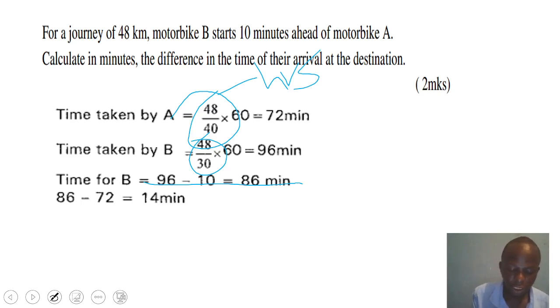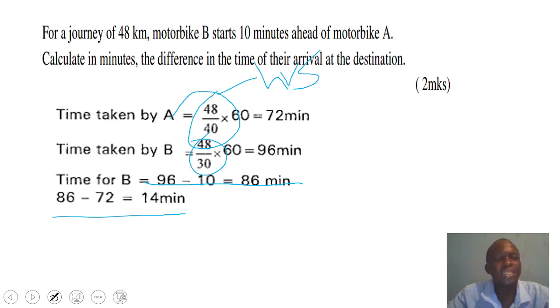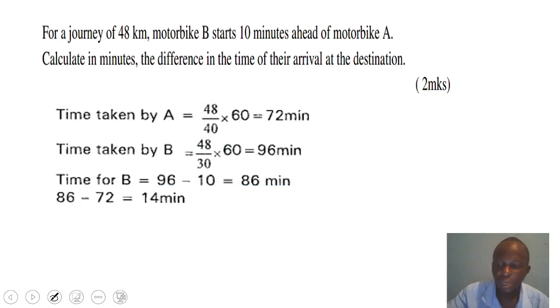Taking the difference, 86 minus 72, that is 14 minutes. Remember that at the time B is ahead, A is delaying by 10 minutes. So as we're talking about 10 minutes ahead, we are also factoring in the fact that A is delaying by 10 minutes. That is the solution to that particular problem.